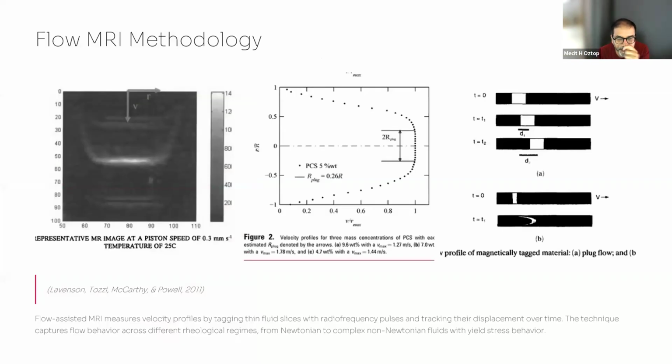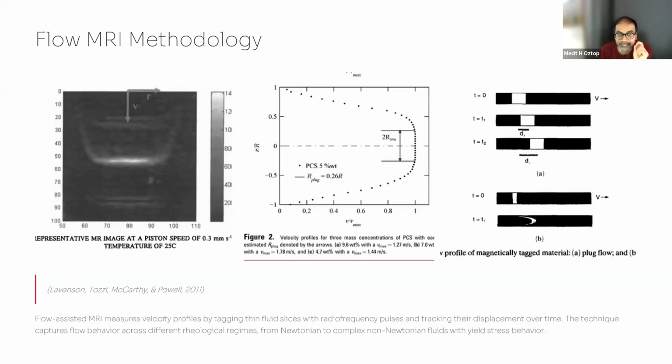Here, these are from some papers from the group which I have done my PhD, where we have a 1 Tesla imaging system and we adapted that system to be a flow MR rheometer, and these images are from there.